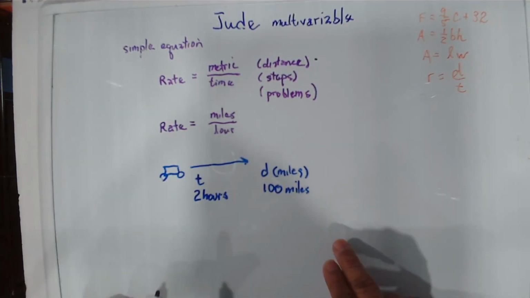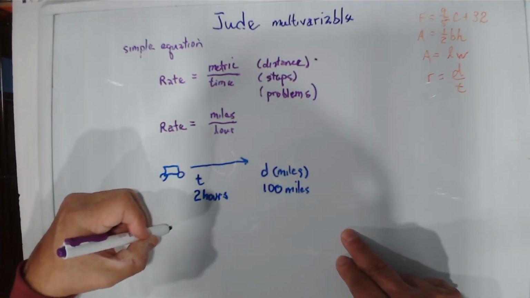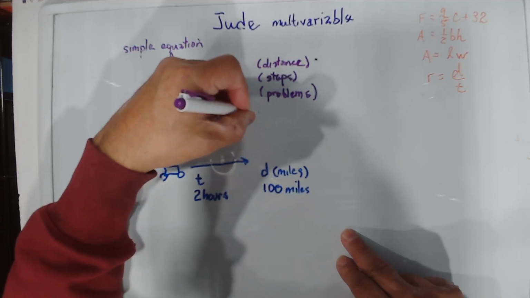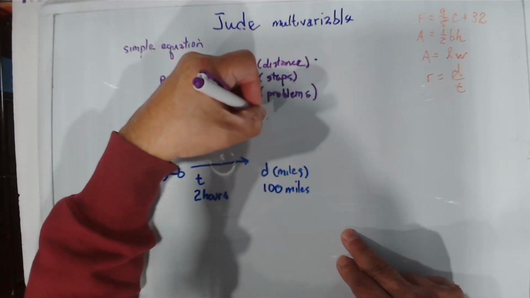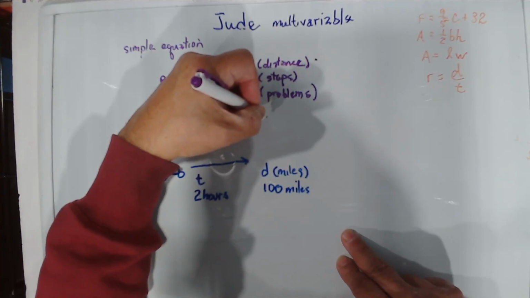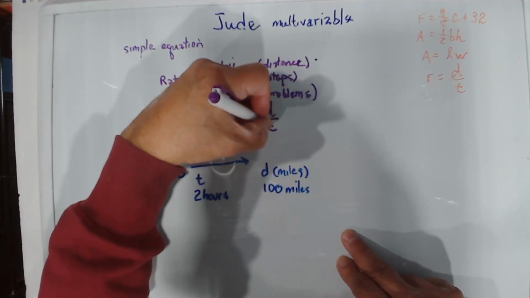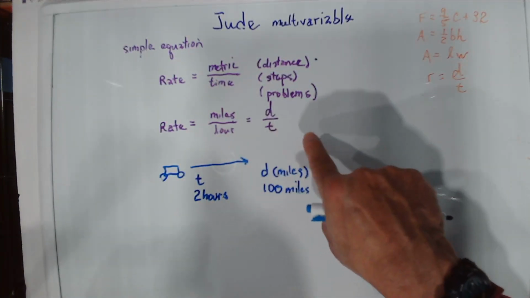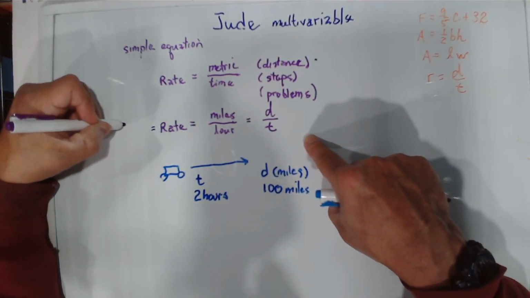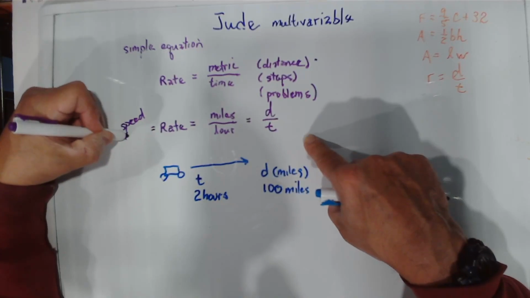Okay, we got a rate equation here. Let's call it distance over time. So a rate is distance over time, and that rate we know as either speed or velocity.